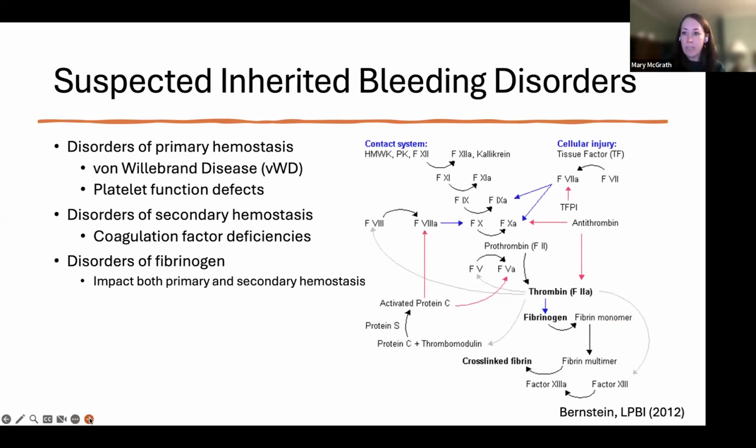So after obtaining additional history, if you are suspicious of a disorder of primary hemostasis, based on maybe a family history of lots of individuals with mucosal bleeding, then testing for von Willebrand disease will certainly be important. For most of our patients with thrombocytopenia, typically their platelet count is too low to allow for full platelet aggregation and secretion testing to evaluate for functional defects.